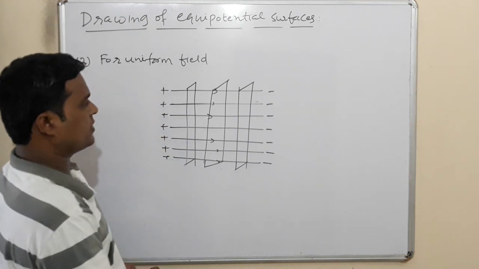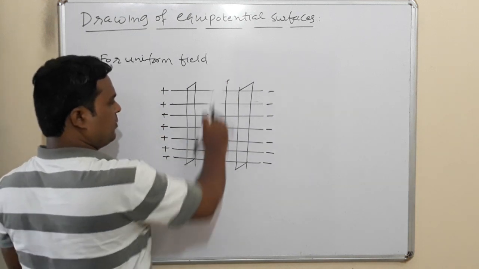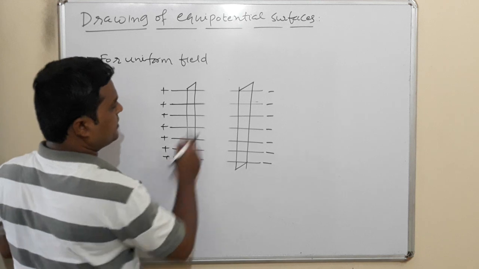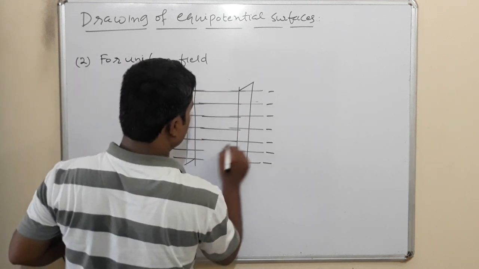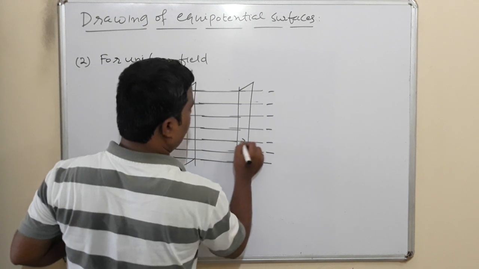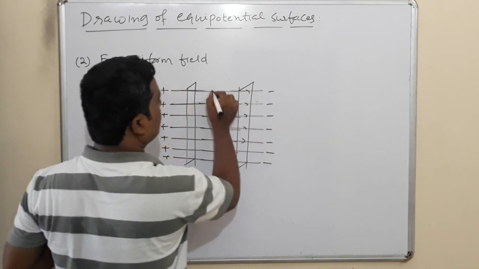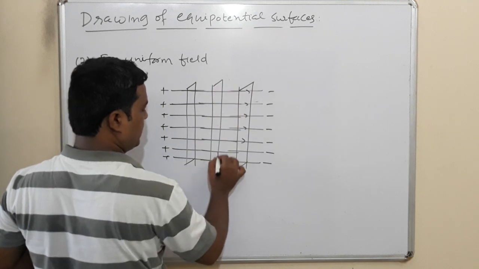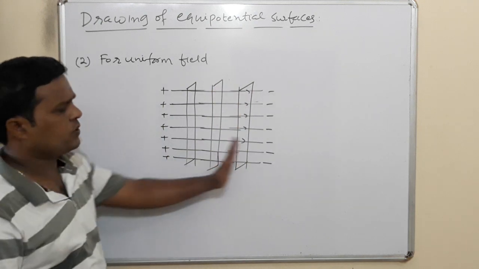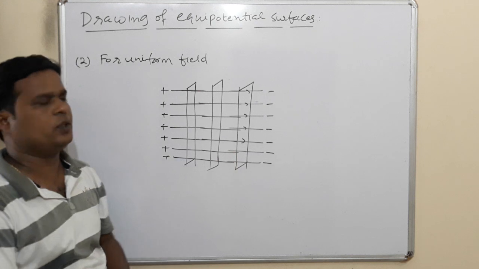These are the equipotential surfaces, which are nothing but equidistant parallel planes, because the field is uniform everywhere.